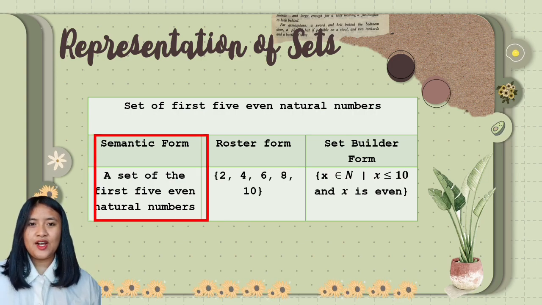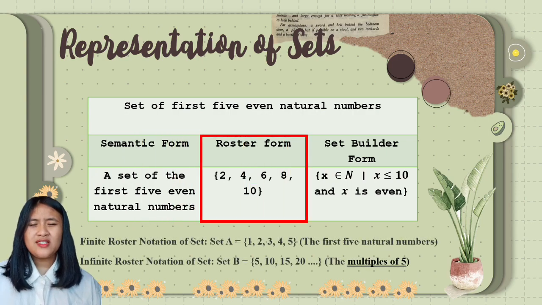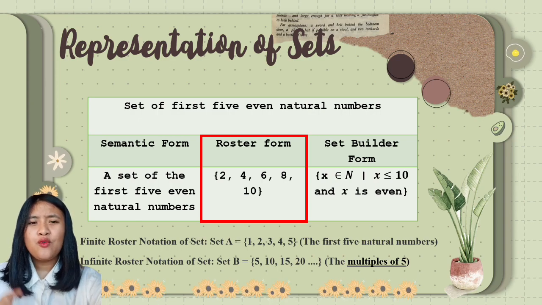The second is roster form. The most common form used to represent sets is the roster notation, in which the elements of the set are enclosed in curly brackets separated by commas. For example, set B with elements 2, 4, 6, 8, and 10 is the first 5 even numbers collection.